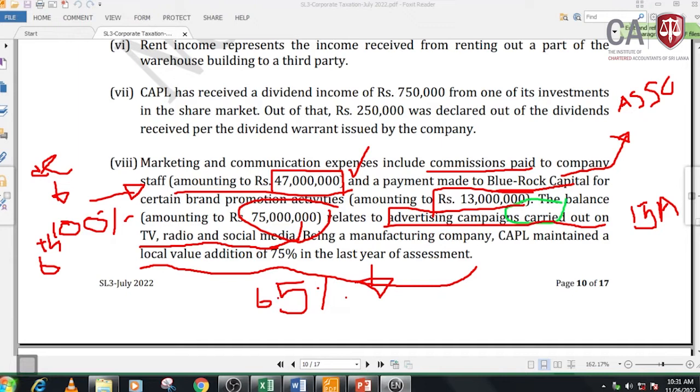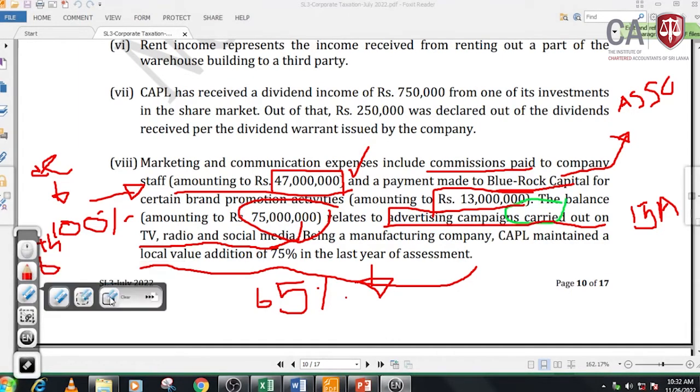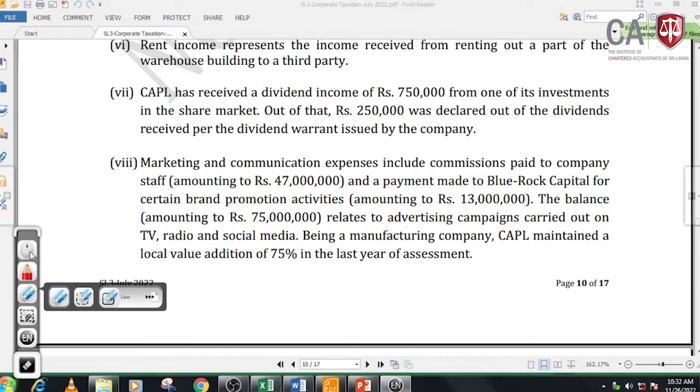Secondly, it's not internal marketing or marketing expenses done with the associated person, and again the value is not more than 500 million. These are the points to be satisfied, then it has satisfied, therefore we can take this 75 as the marketing expenditure, as the double deduction.